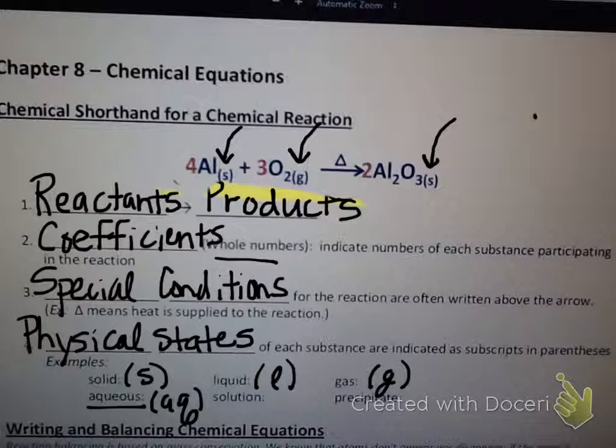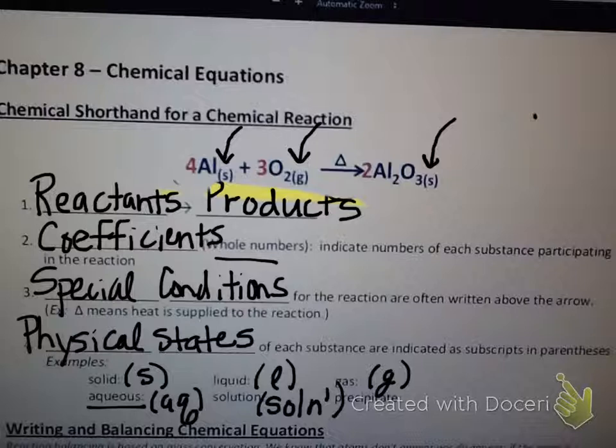If you have a solution of a substance, generally you'll use aqueous if it's water, but if there's some other substance or solvent that the substance is dissolved in, you might just want to call it a solution in general instead of just a pure substance. And solution is SOLN, so solution. So these are things you might see. You don't have to put the physical states inside a chemical reaction, so you'll notice not all chemical reactions will have the physical states written, but you'll see them in there.